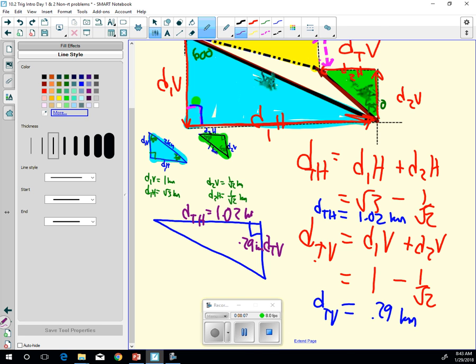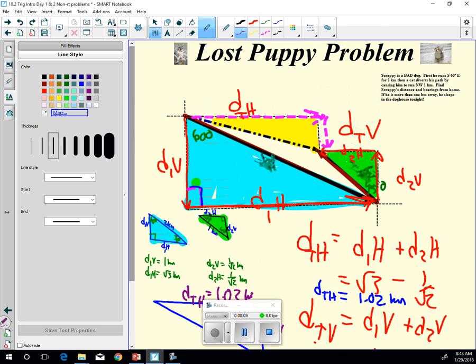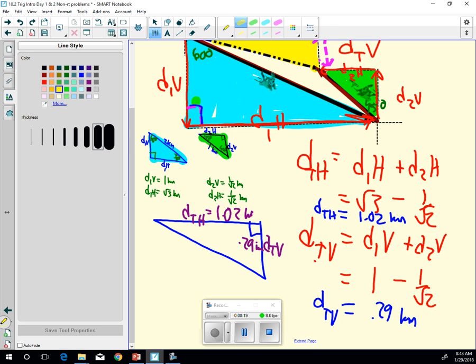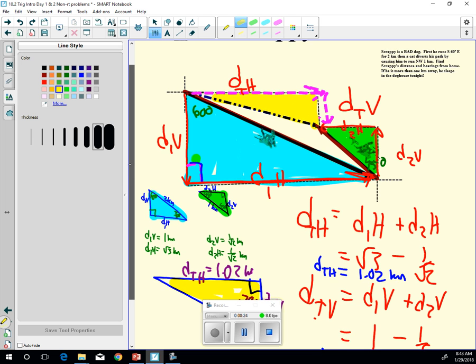So what the question is at the beginning, it says, find Scrappy's distance and bearings from home. So this is my yellow triangle, which is my final triangle right here.